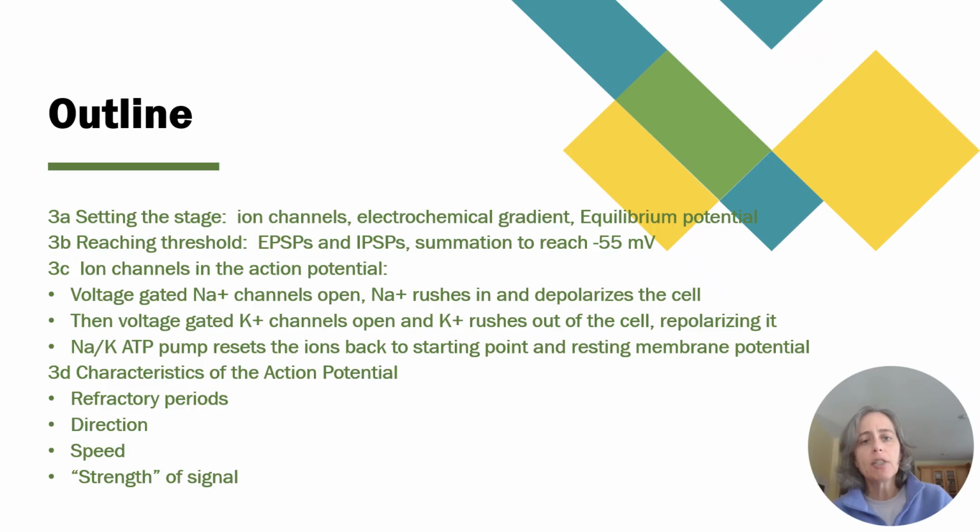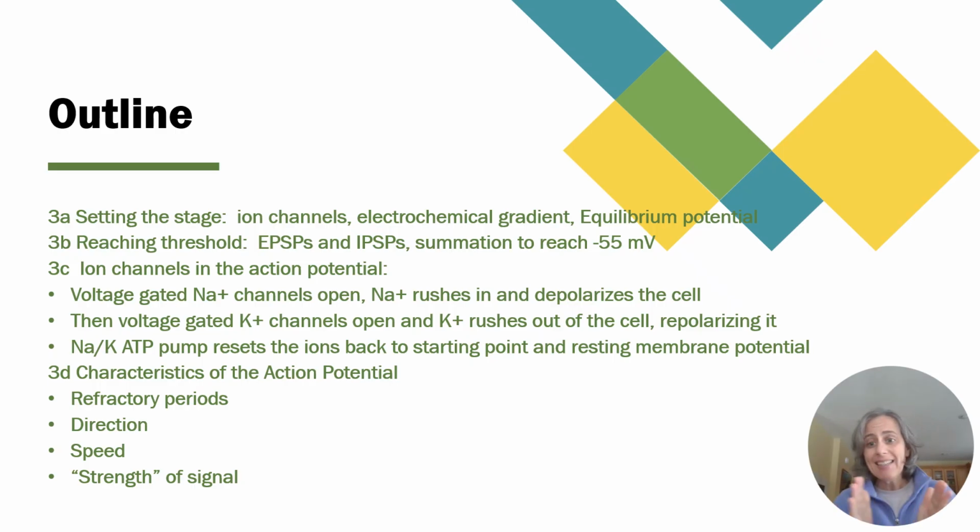So in 3C, we talked about what happens then. At the axon hillock, those voltage gated sodium channels open. Because of its electrochemical gradient, sodium ions rush into the inside of the cell, making it relatively more positive. So it's depolarizing, becoming less negative.